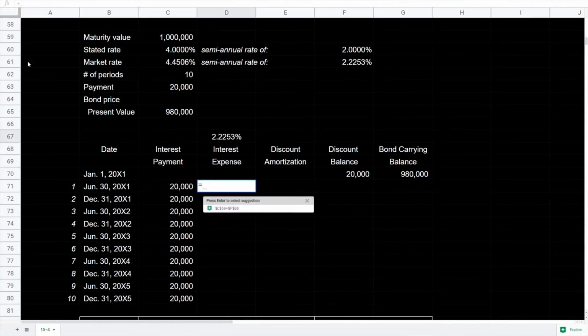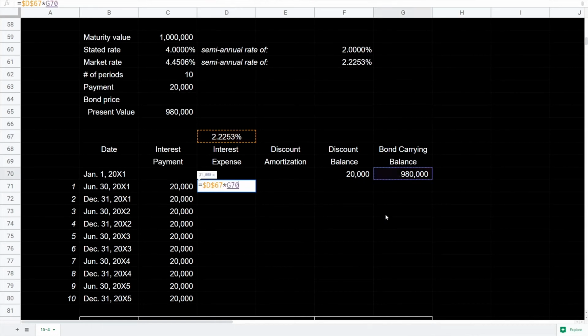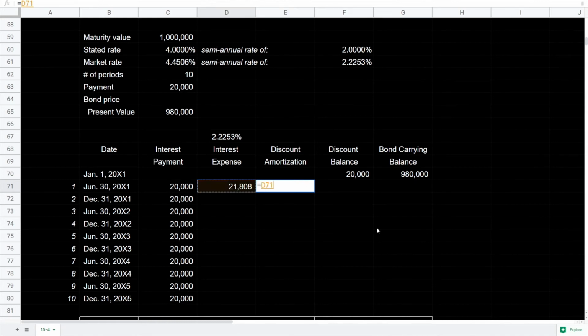We can take the semi-annual rate that was in effect at the time the bond was issued and multiply that by the preceding carrying value. Here we get $21,808. The difference then between the interest expense and the amount paid must be the amount of interest that was coming from the discount.